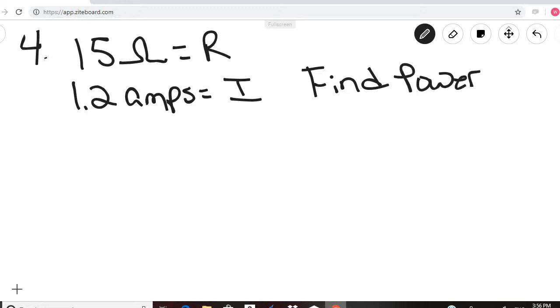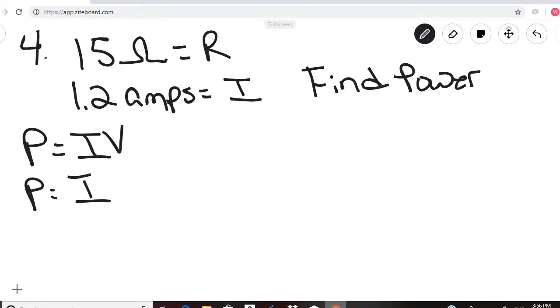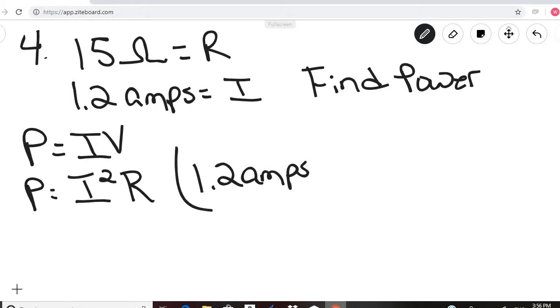Okay, so we saw in the previous example that power is equal to I times V, but another way that we can calculate power is that power is equal to I squared R. So that's the one we will use for this problem. So it's going to be 1.2 amps times 1.2 amps, and then R is 15 ohms.